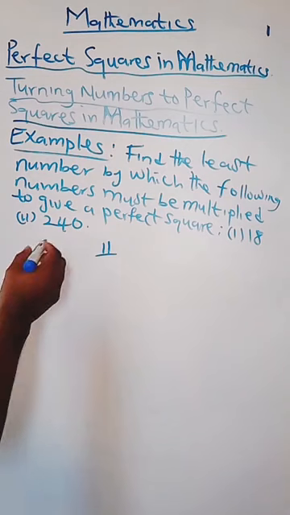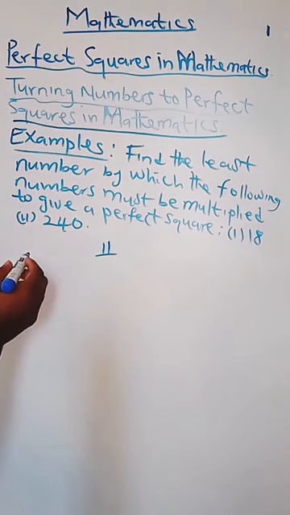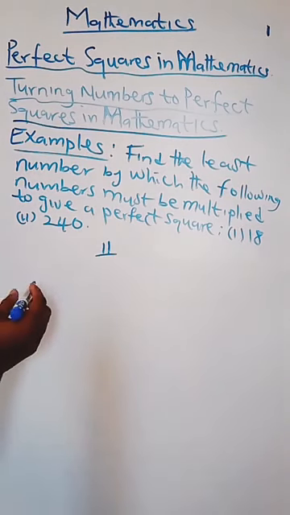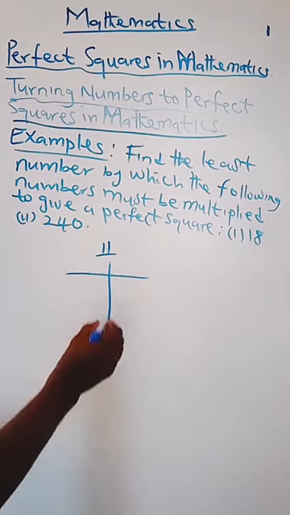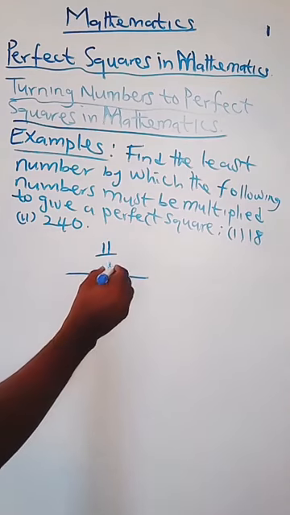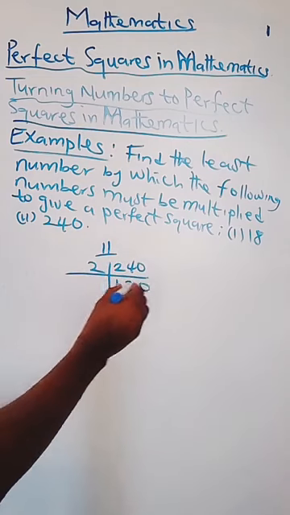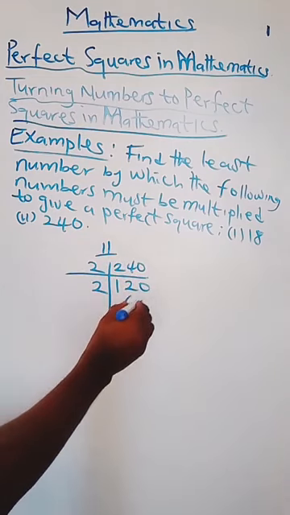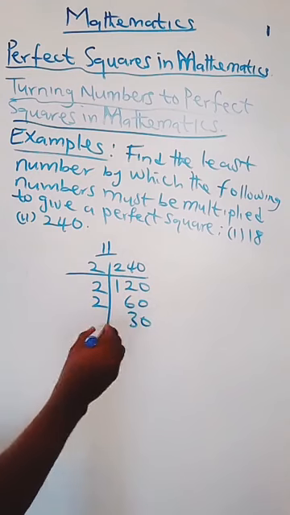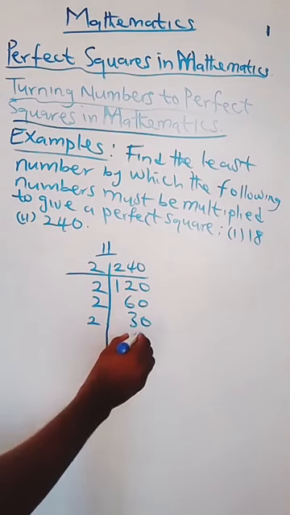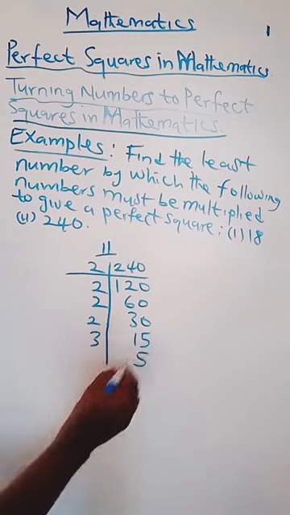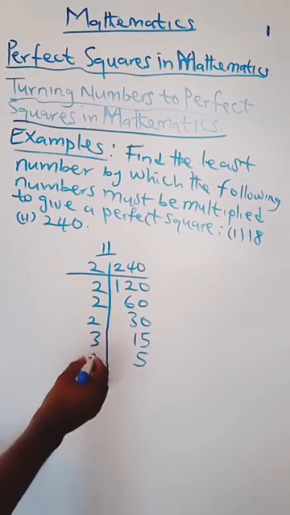Let's look at how to turn 240 into a perfect square. Obviously, it is not a perfect square. So let's analyze 240 using product of prime factors. 240, right? Let's start with 2. 2 here, 1, 120. 2 again, 60. 2 again, 30. 2 again, 15. 3, 5, right? 5, 1.